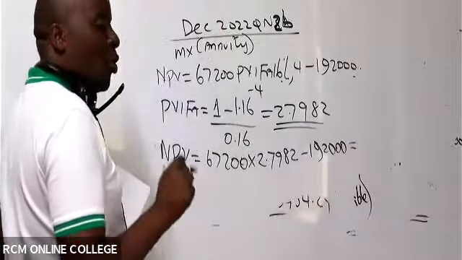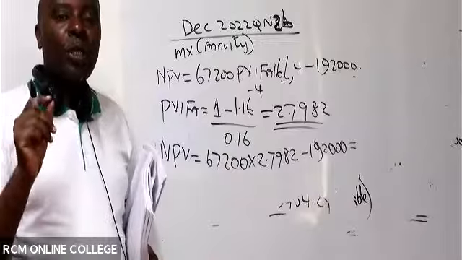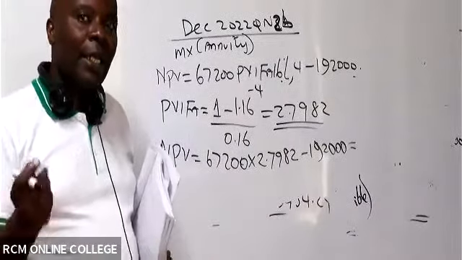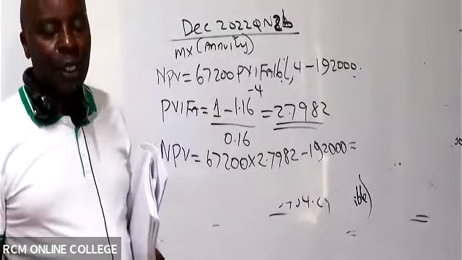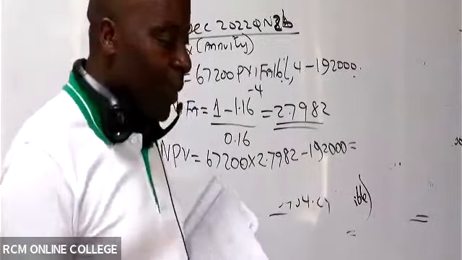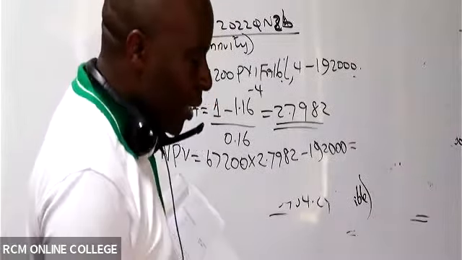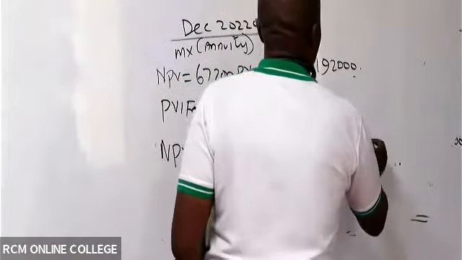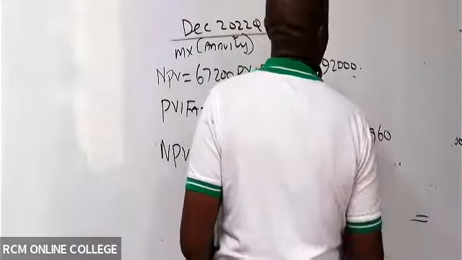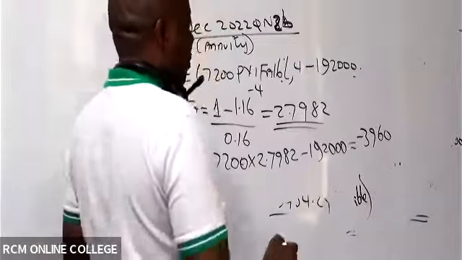I'm doing this because I want to prove to you that we are going to get the same answer at the end of the day, so that I will not leave you behind, wondering why that guy never used the annuity factor. We'll end up getting the same answer: negative 39.60.96.